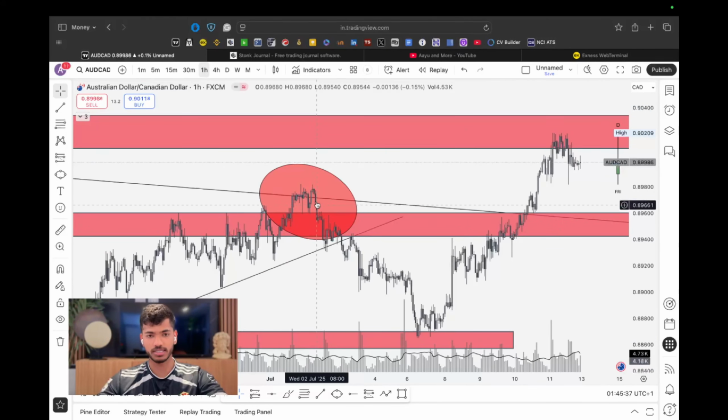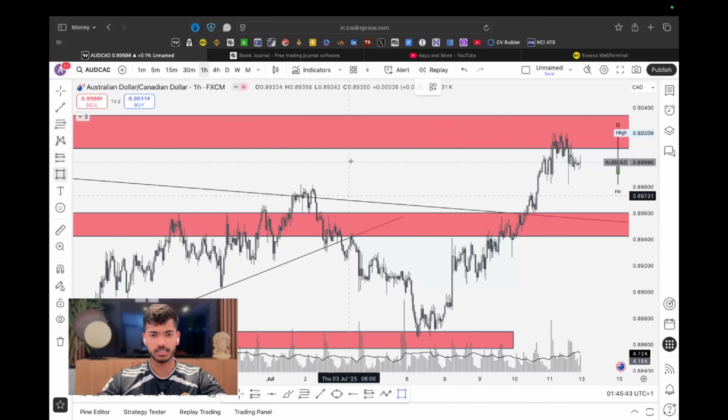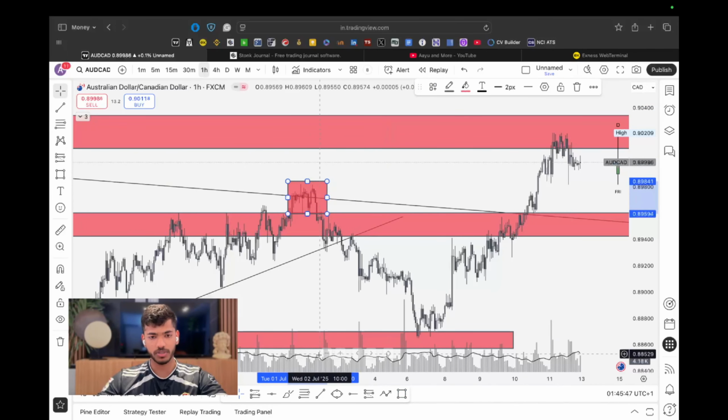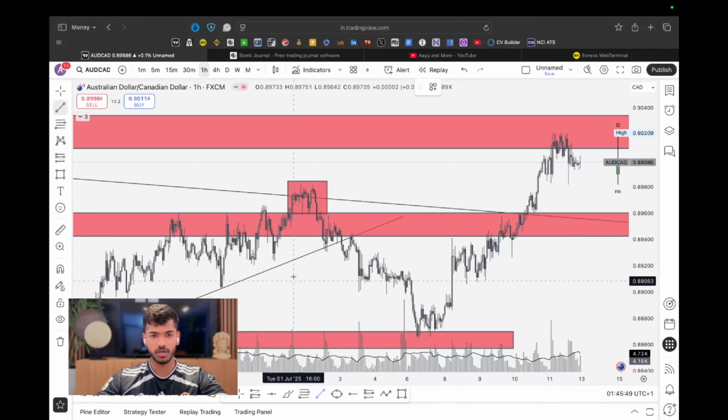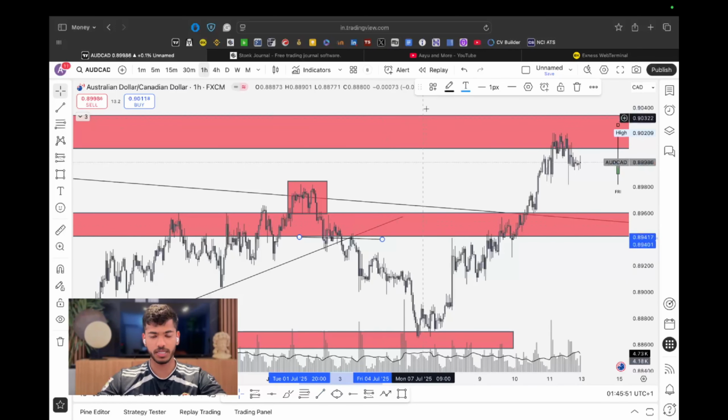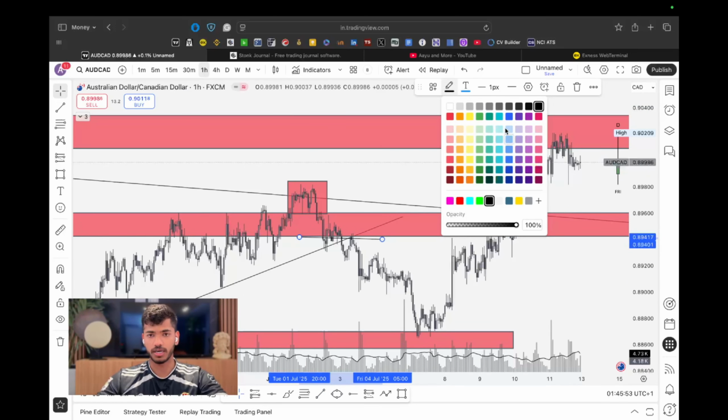I knew that these guys are trapped right here, and they had their SLs below all these levels. Those who took the trade on the trap had their SLs maybe over here. This is where their SLs could be.